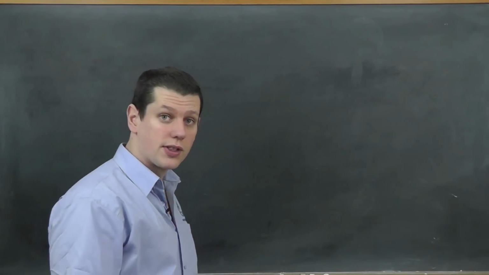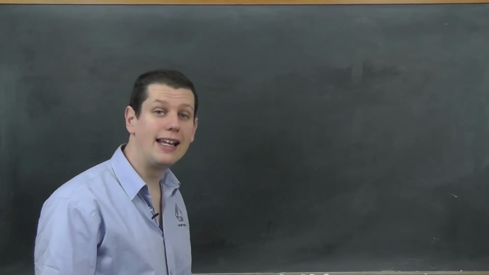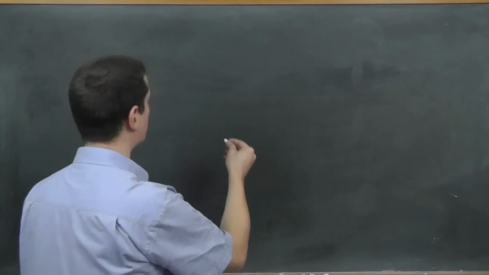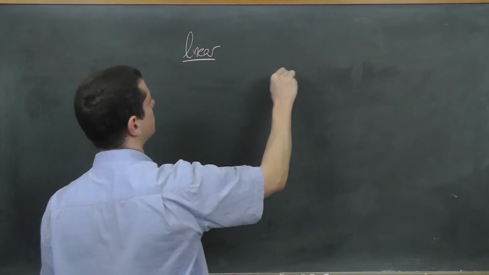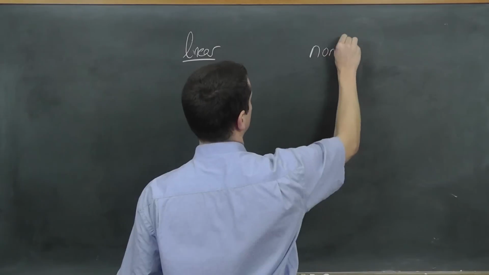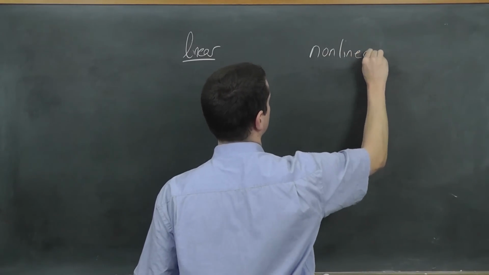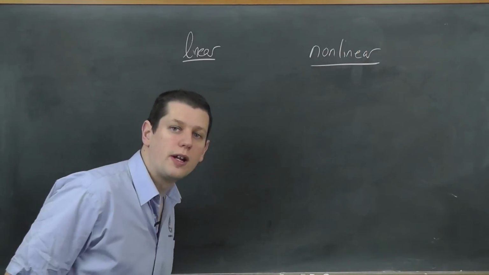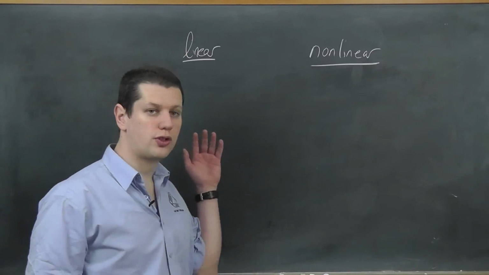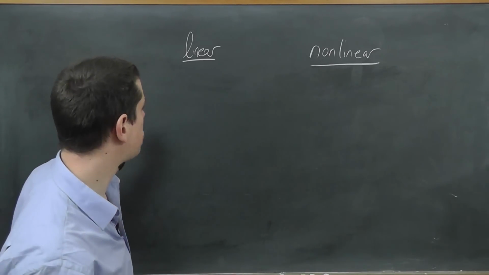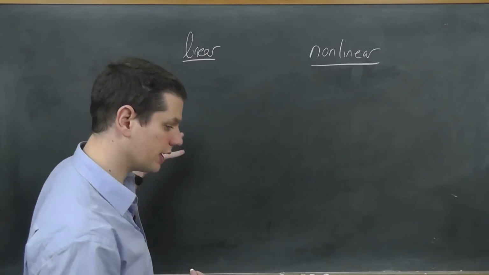The next thing I want to tell you about is the difference between a linear and a non-linear differential equation. So a linear differential equation consists of derivatives of y multiplied by functions of x as all its terms.